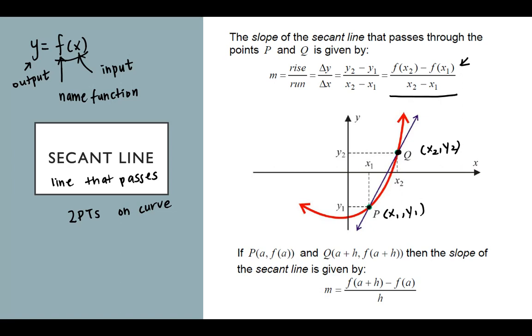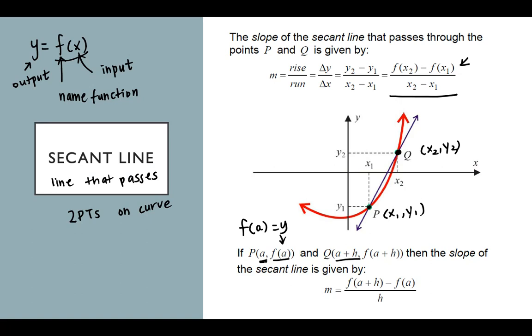And keep in mind, let's say we don't know the 2 points specifically, or one of the points. You could say one point has x value a, and the output is f of a, because we're plugging into a function. So it'd be f of a, which is the y value. And then for Q, you will notice that it's a plus h.